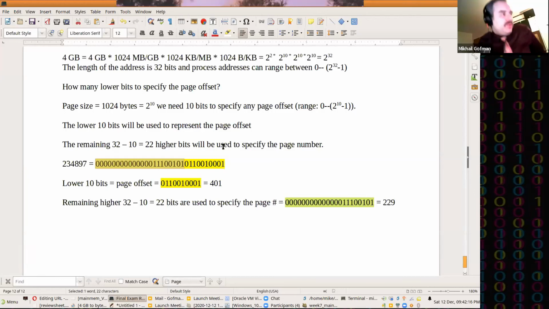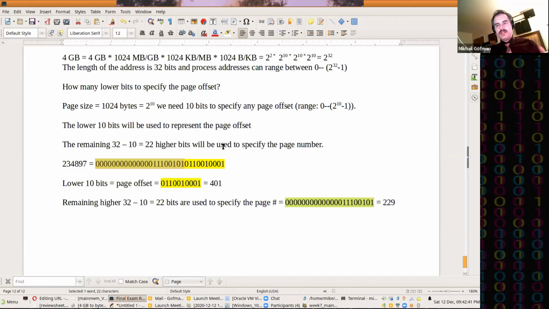But the idea is actually pretty simple. All you have to do is understand that the lower bits are always used to specify the page offset, and the remaining bits will always be used to specify the page number. So first, you want to know how long the address is.